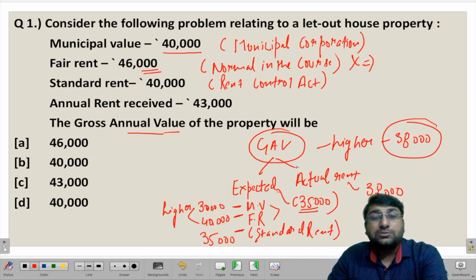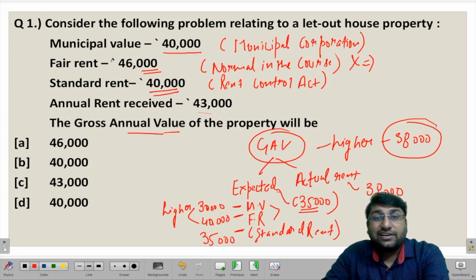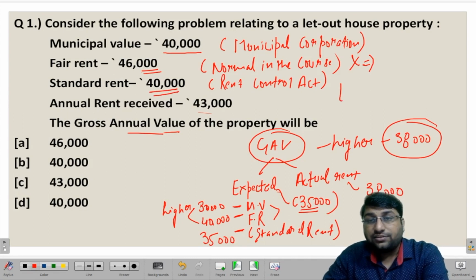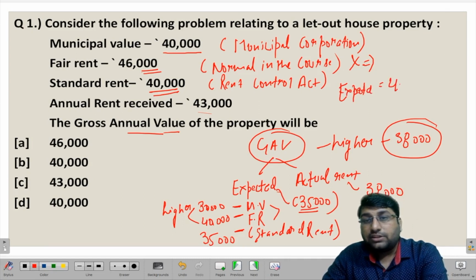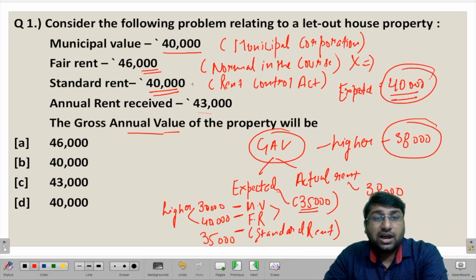Now we can use this logic to calculate the value for this particular question. The actual rent received is 43,000, and the higher value from municipal value and fair rent is fair rent, that is 46,000. But since we also need to take into consideration the standard rent, the expected rent for this question would be 40,000, because we cannot exceed the standard rent.